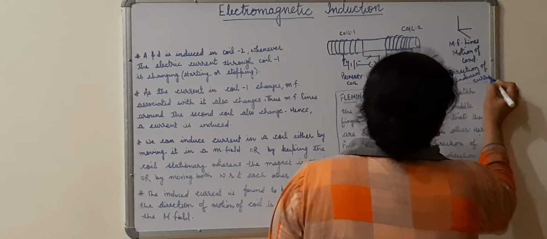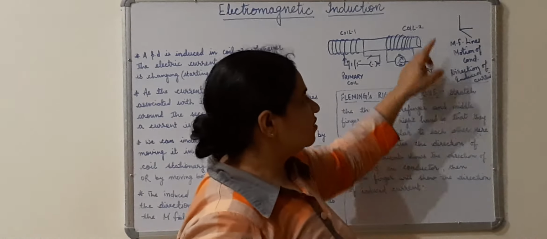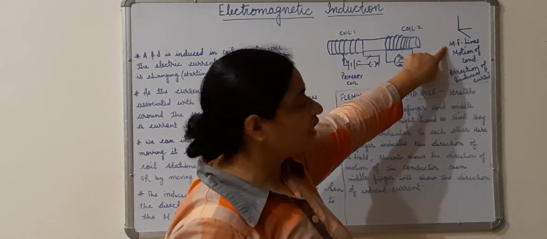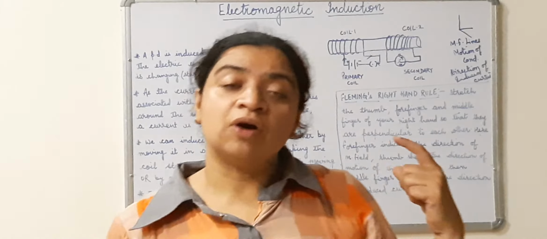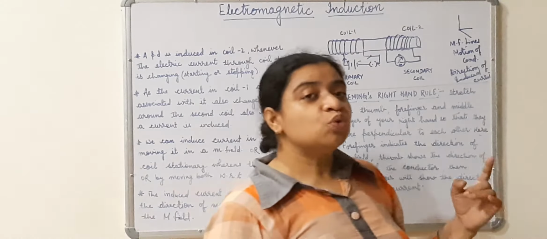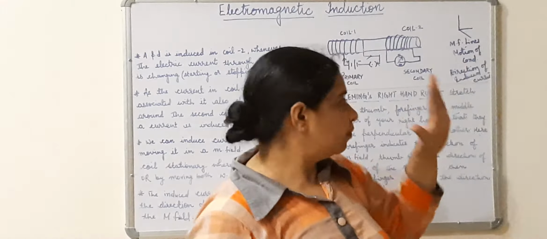In this chapter, we have studied these three rules to find out these three things. First was Maxwell's right hand thumb rule, which gave us the direction of magnetic field. In any case, if we want to find the direction of magnetic field, which rule are you going to use? You are going to use Maxwell's right hand thumb rule.